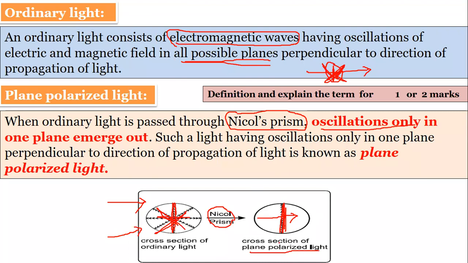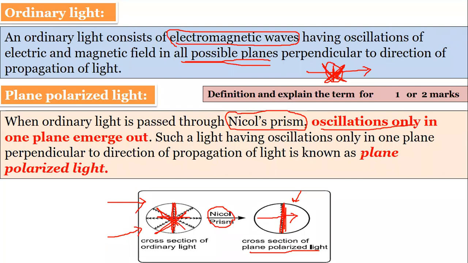So how to prepare plane polarized light? We only have to pass ordinary light through the Nicol prism and we get plane polarized light. This is a very simple experiment. Also remember the definition of plane polarized light, because it is asked in the examination for 1 mark. Define plane polarized light: when ordinary light is passed through the Nicol prism, oscillations in only one plane emerge out.